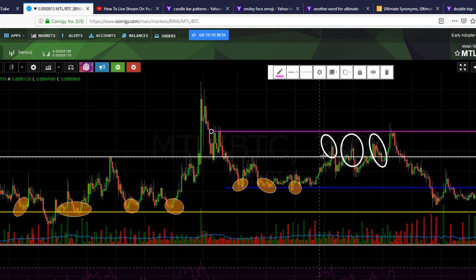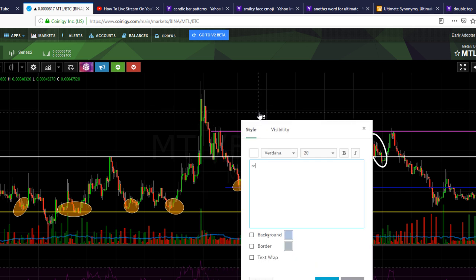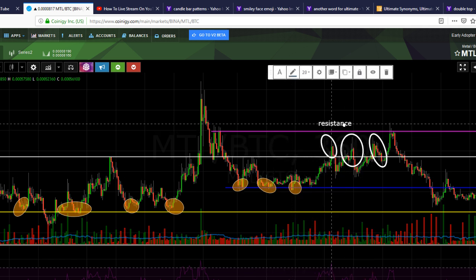So as we look at where I put these white ellipses, we have upthrusts not even retesting this. But on the 4th time of the breakout, where we think, oh, this is a great time to buy in, guess what? We retest this resistance here, and we get rejected. Resistance. That's what I'm going to write this down as.